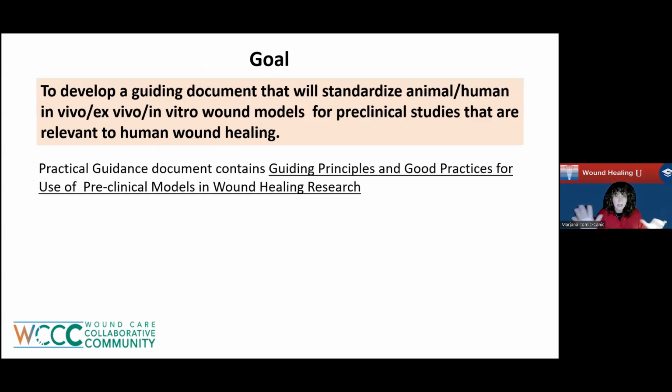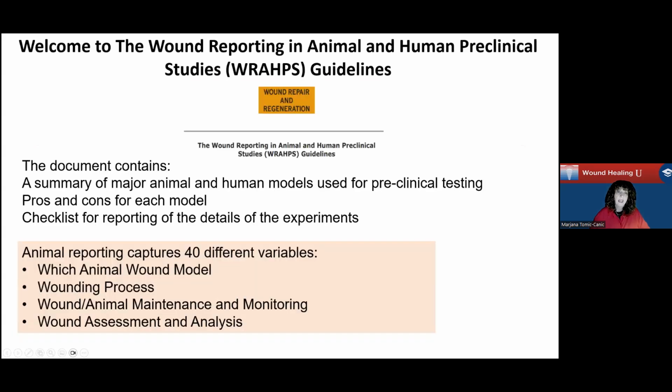These are models relevant to human wound healing. We are not talking about the general, we are talking only about translation. And so this guidance document will provide some guiding principles and good practices for using preclinical models in wound healing research. And I am happy to report that the document is completed now. It's in a peer review process, resubmitted in a revised form to Wound Repair and Regeneration.